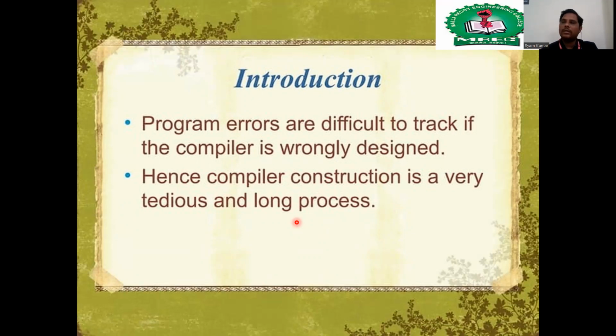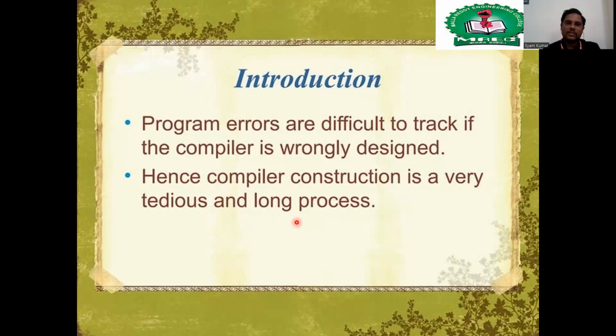It is very important because every language has a separate compiler. For example, the C language has a separate compiler, the Java language has a separate compiler, and the Python language has a separate compiler.